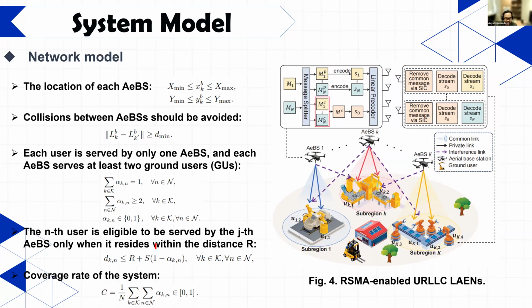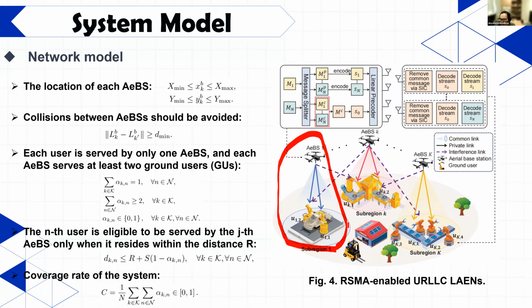So we can see that the user is eligible to be served by the aerial base station when it is located within the distance of the aerial base station. So that means it's not that all the matching can happen, but it could be a clustering problem.